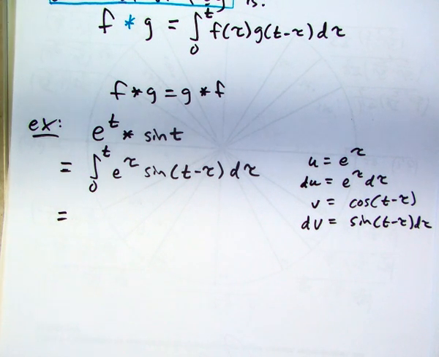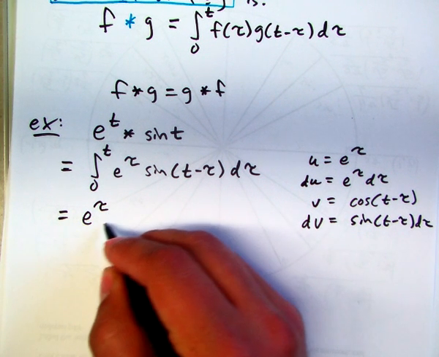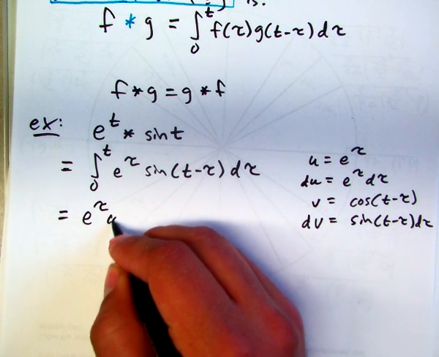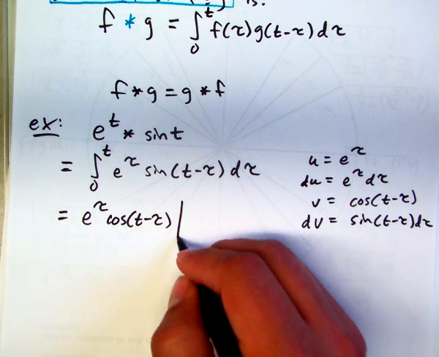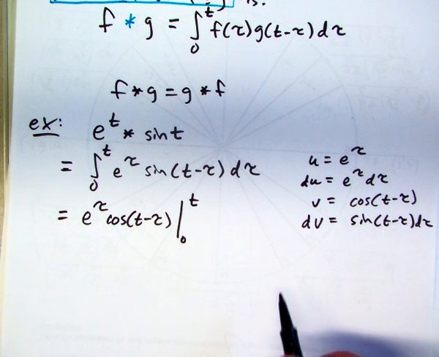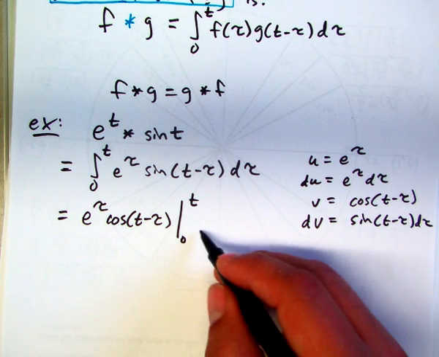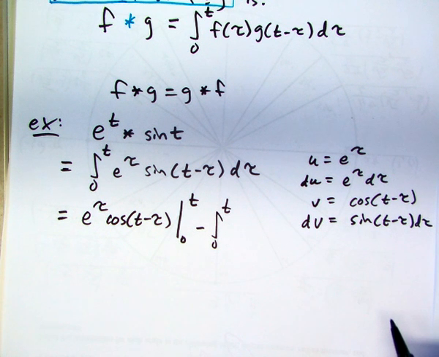Alright, so let's plug it in. uv would just be e to the tau cosine of t minus tau evaluated from 0 to t, minus the integral from 0 to t of v du.